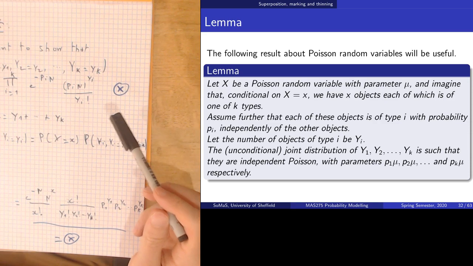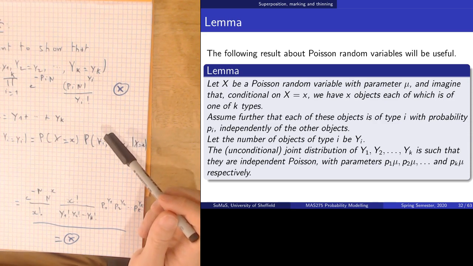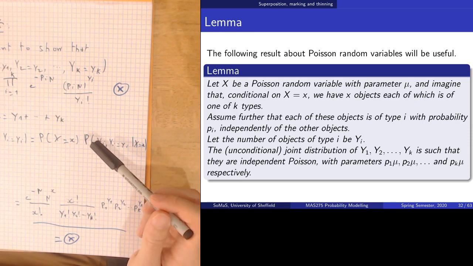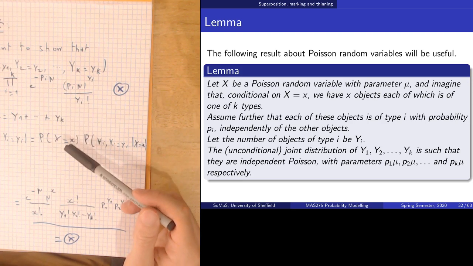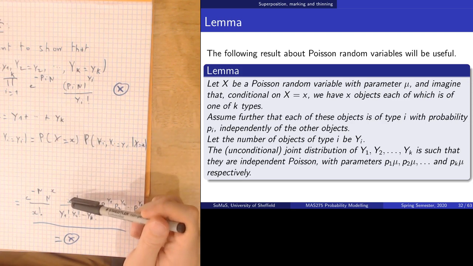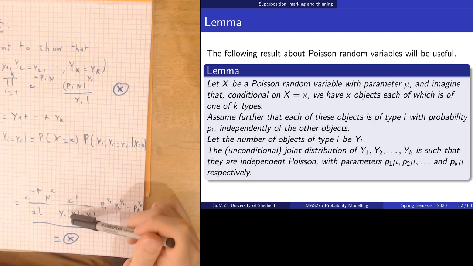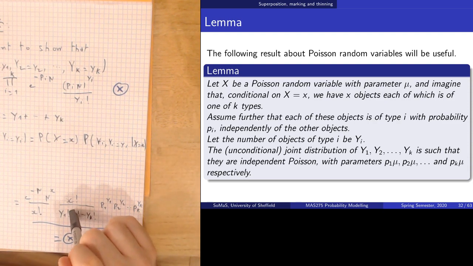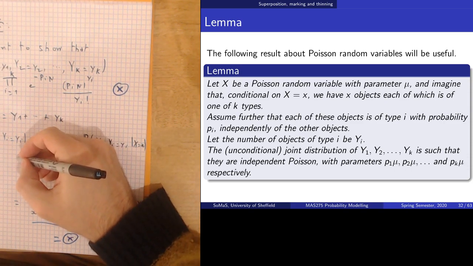So if I want to split x people into two groups, one with size y1 and another with size y2, this is basically x choose y1. So it's factorial of x divided by factorial of y1, factorial of y2. And with factorial of y2, well, y2 is x minus y1. So we can use this repeatedly. That's one way of doing it.